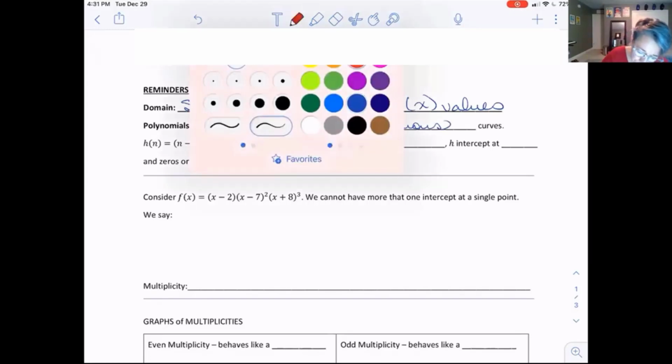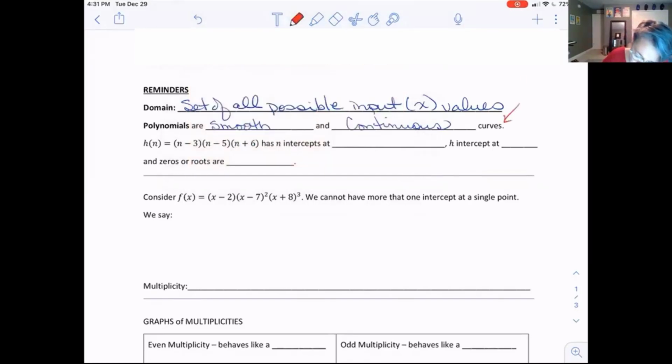What this means is there are no holes, skips, jumps, or any sharp corners, like with an absolute value, that V, where there's a sharp corner. With polynomials, we don't have any of that.